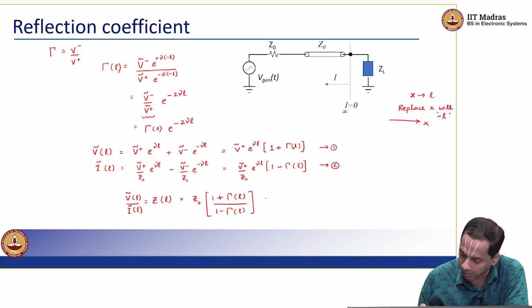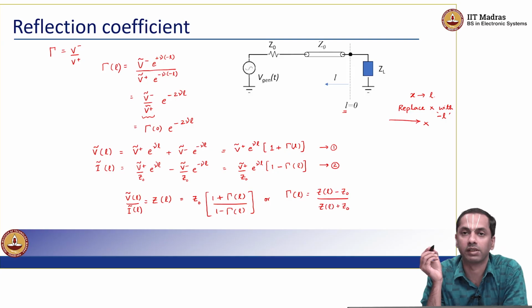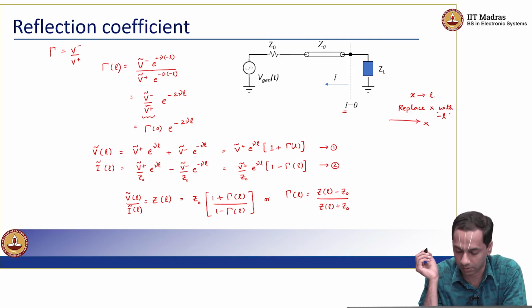So you can rearrange this and say that gamma of L is essentially Z as a function of L minus Z naught, right? So this is just an algebraic manipulation.